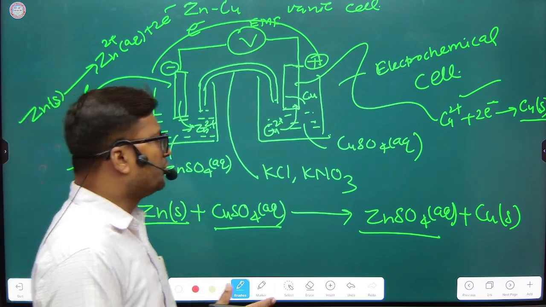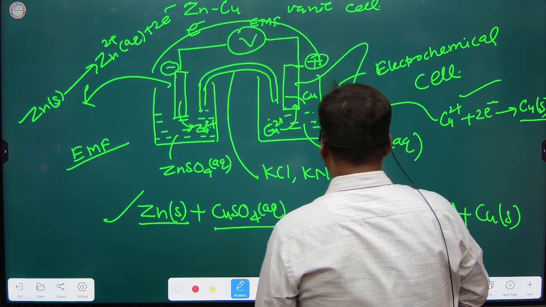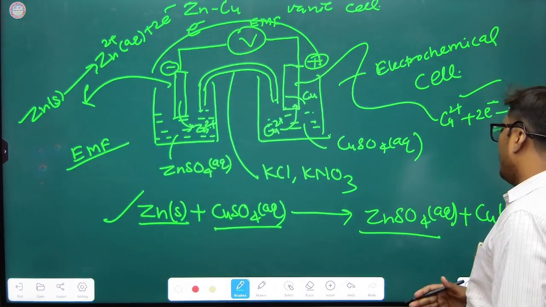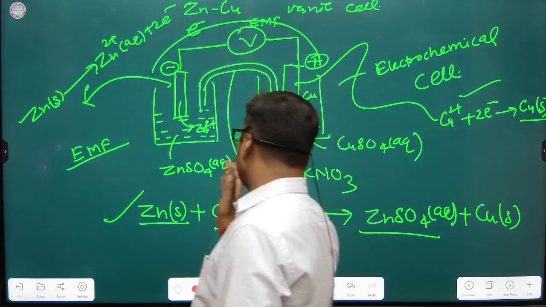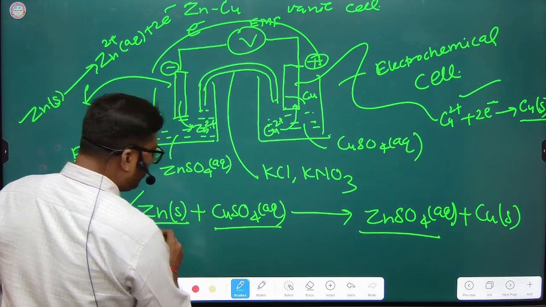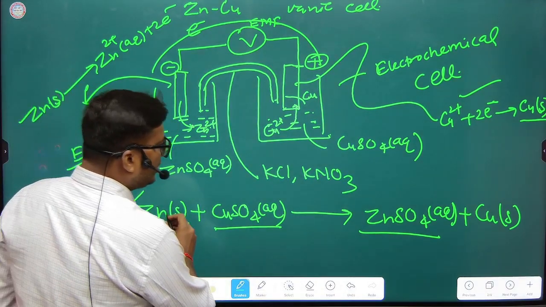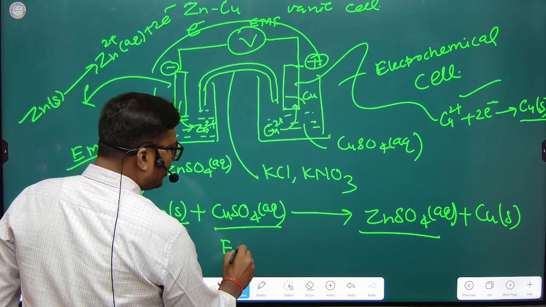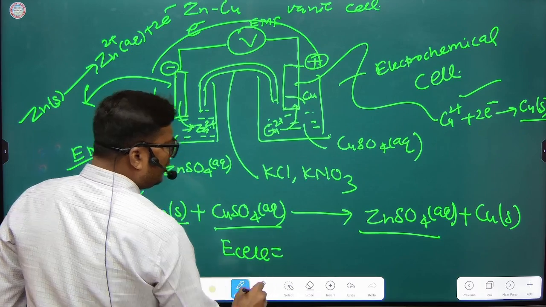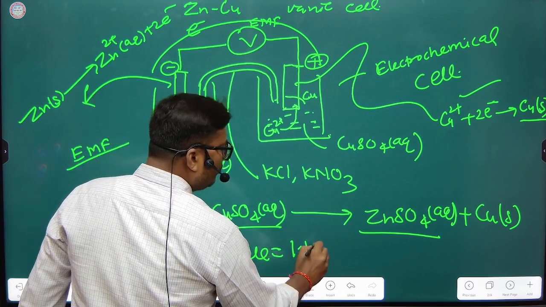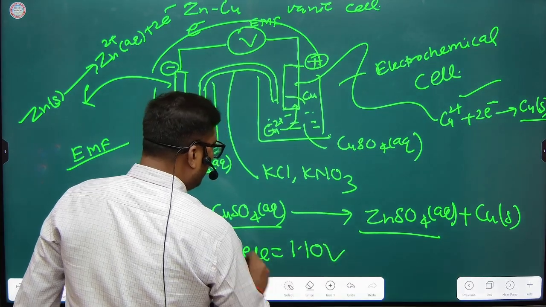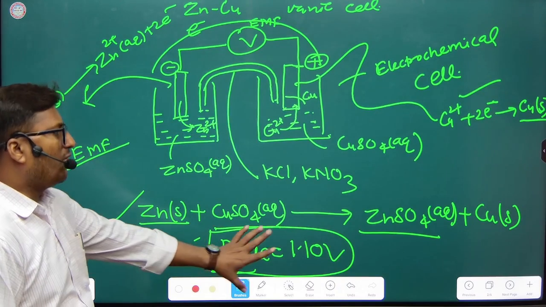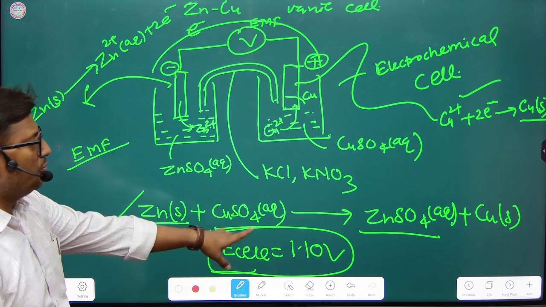Okay, so this is what we have studied about the electrochemical cell. For this system, you know that once this reaction occurs spontaneously, then E cell is +1.10 volt. So the cell potential, that is 1.10 volt, is a positive quantity.